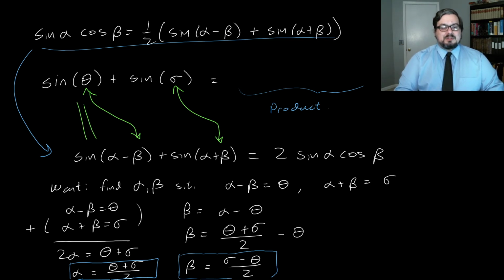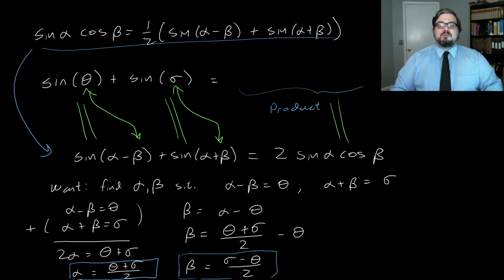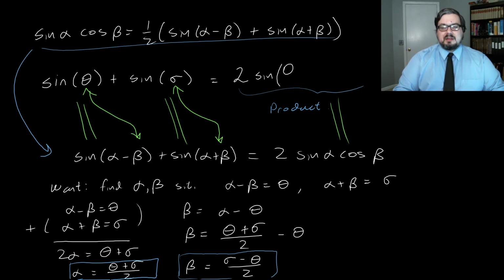minus beta is equal to sine of theta, because alpha minus beta is equal to theta, and we have sine of alpha plus beta equals sine of sigma, and therefore the two expressions on the right will be equal to each other. So we'll get 2 times sine of theta plus sigma over 2 times cosine of sigma minus theta over 2.